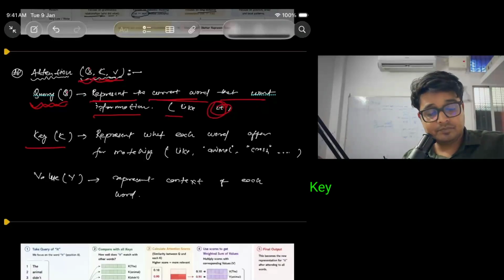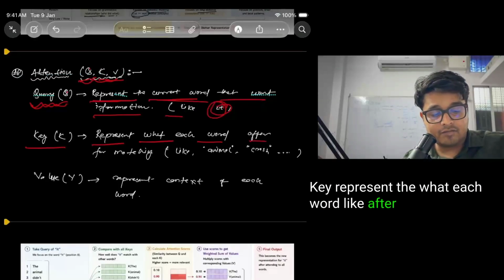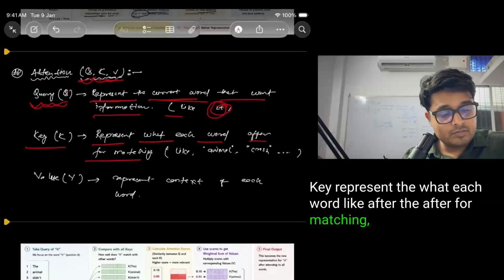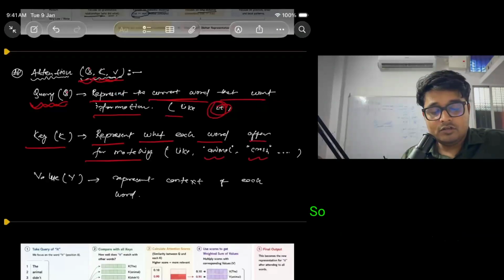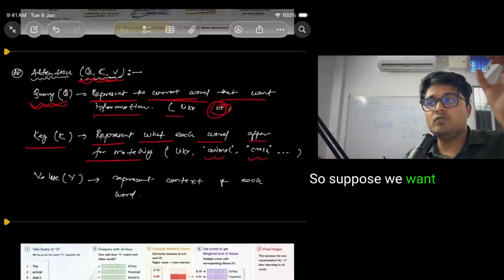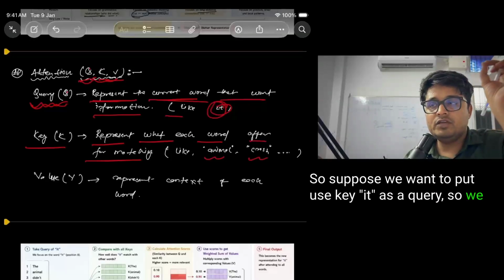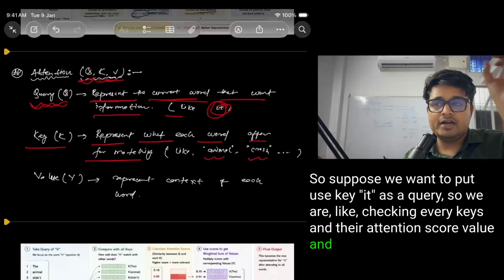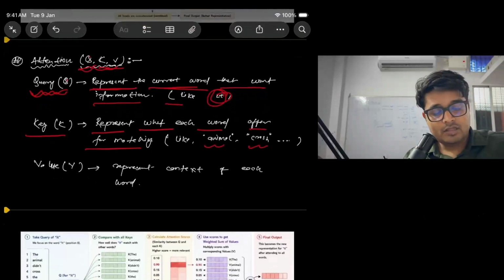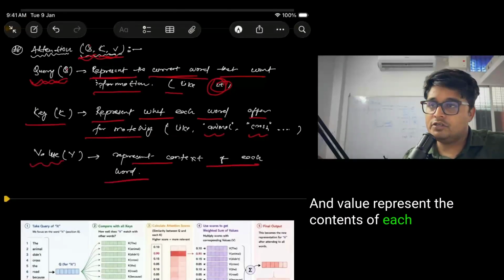Sorry, the key represents each word available for matching, like animal, cross, whatever the word. So here the key is that word. Suppose we use "it" as a query. We check every key's attention score and try to find the relation. And the value represents the contents of each word.